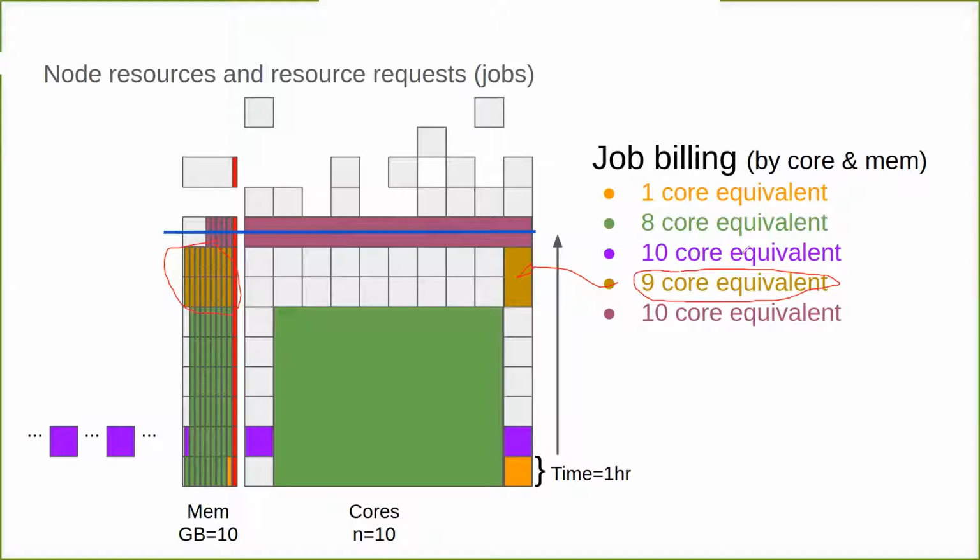Although the initial thought is that this is just a single core job, and for its duration it would only be getting billed a single core, it's actually billed what's called 9 core equivalents. And then the final job with the 10 cores is using 10 cores, but only half the memory. It's still being billed 10 core equivalents, which is basically the largest of the resource dimensions of the job.